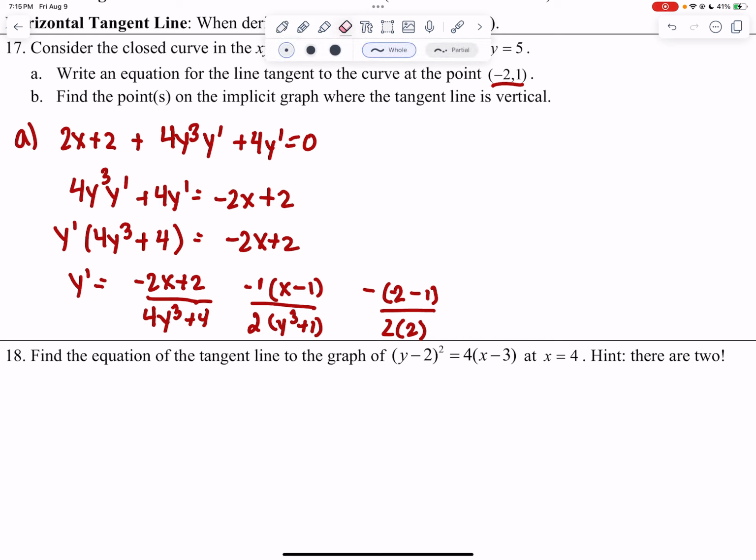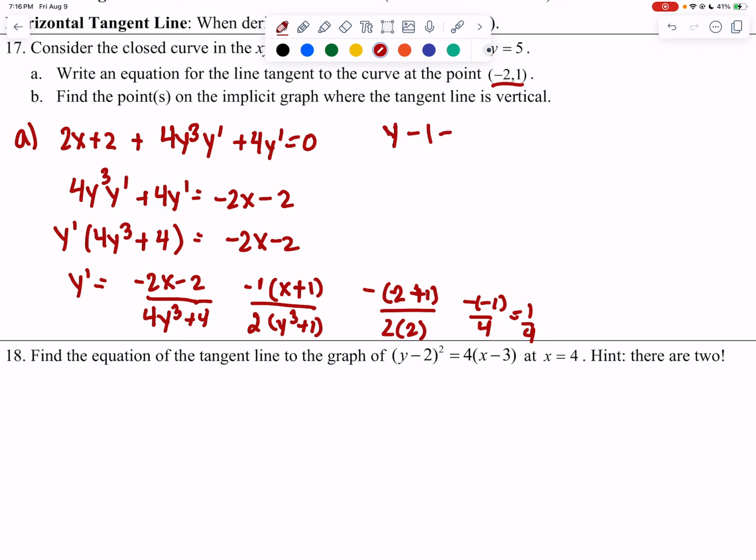Oh, that should be a -2, huh? Oopsies. So this should be a plus. That should give us -1 over 4, or 1/4. So my slope at the point -2, 1 is 1/4, which means that my equation of the tangent line is y minus 1 is equal to 1/4 (x plus 2).